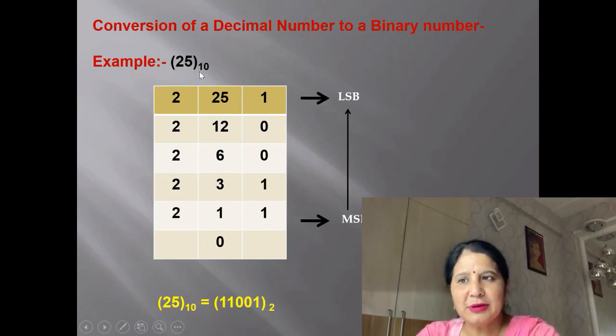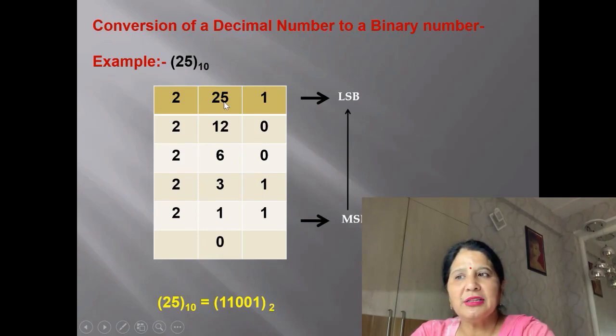Now we will convert this decimal number into binary number. For this, first we will write the number 25. Then we will make a table like this. You have done LCM chapters in your mathematics. Same way we will do it like this, but there are some differences which I told you.